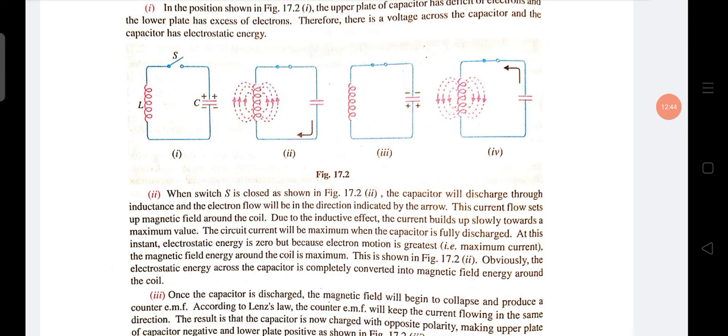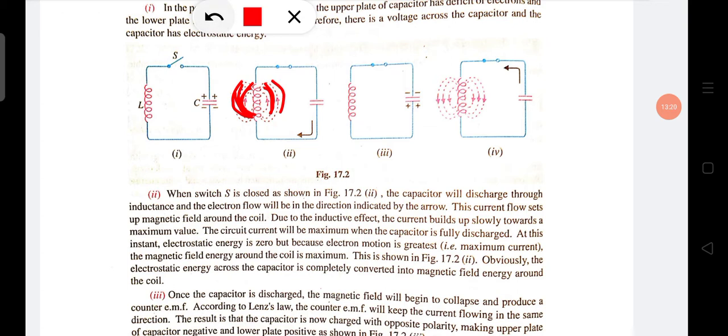Now, due to that magnetic field, a back EMF is produced. After the capacitor is fully discharged through the inductor, the magnetic field is disturbed, and due to that disturbance, a back EMF is created by the inductor.